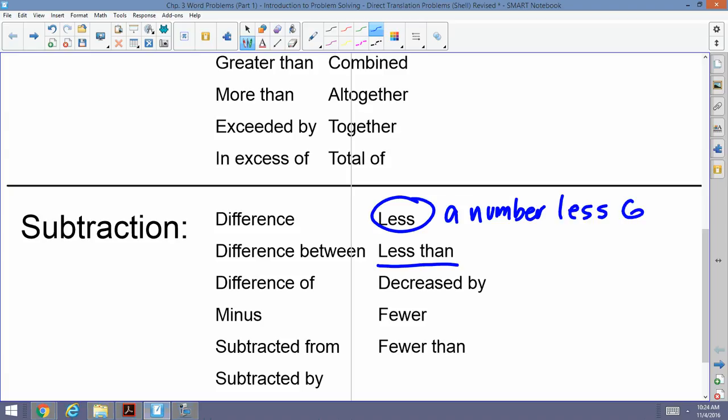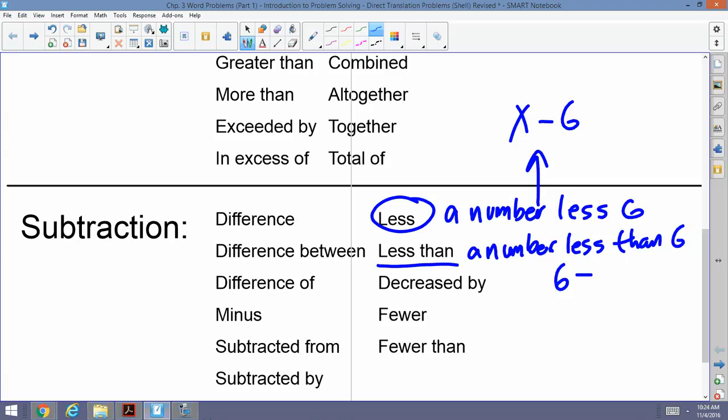What does that equal? x minus 6, very good. And then if I said a number less than 6? Yeah, so you just switch. Remember, less than means switch. Good, you guys got this. So that's subtraction. You with me? All right, awesome.